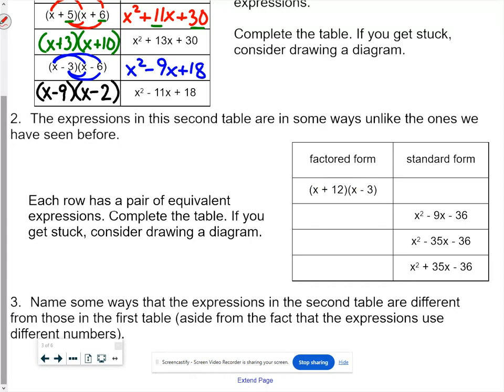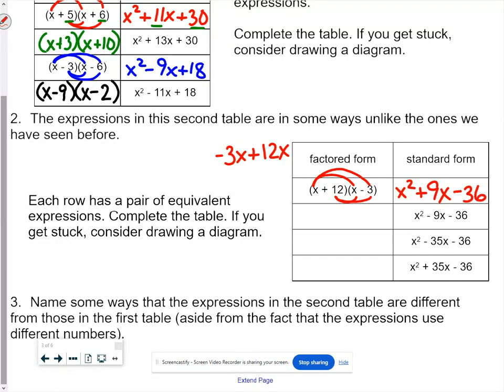But let's get our standard form first. So x times x is our x squared. Here's a negative 3x and a positive 12x. What is negative 3x plus 12x going to give us? Well, that's going to be positive 9x. And then 12 times a negative 3 is negative 36.